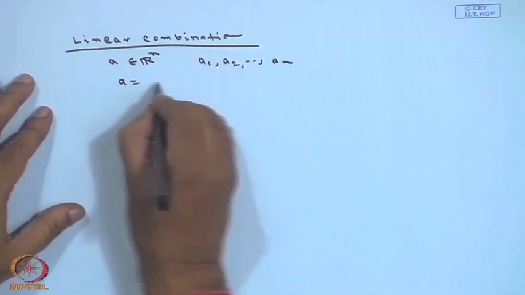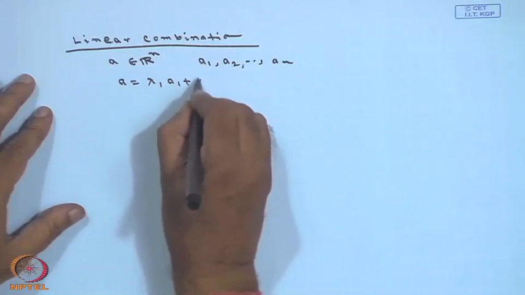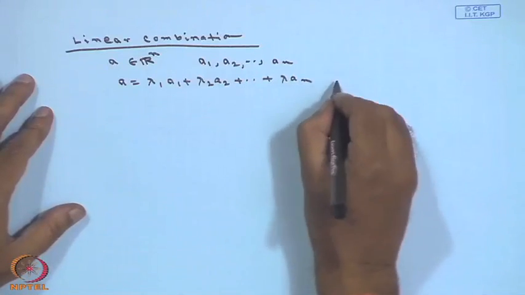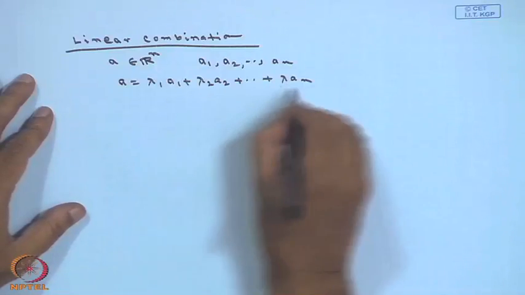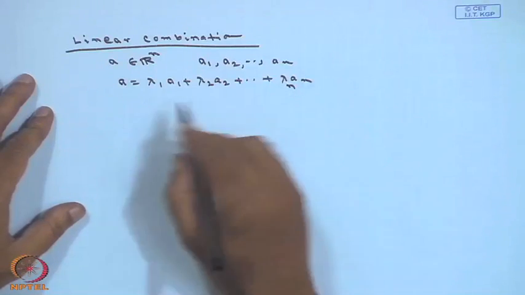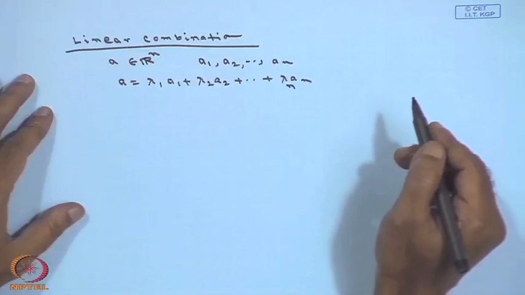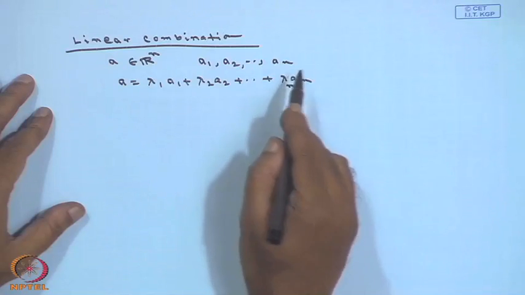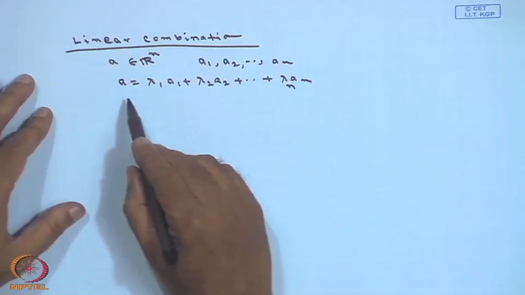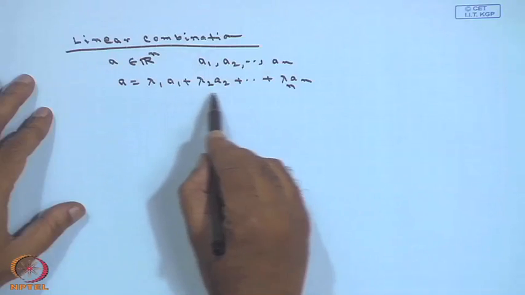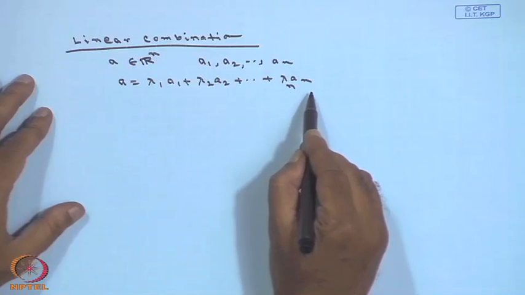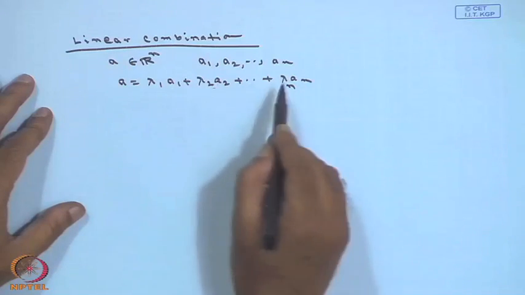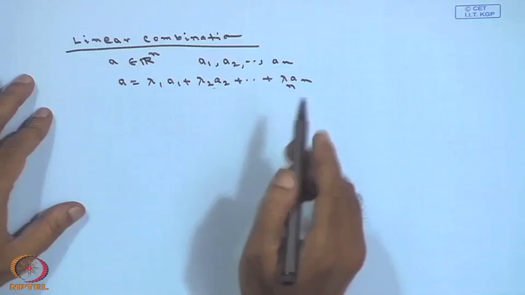If I can write A equals lambda 1 a1 plus lambda 2 a2 plus ... plus lambda n an, for some scalars lambda 1, lambda 2, ..., lambda n, where the lambda i's are scalars, then we say that A is a linear combination of the vectors a1, a2, ..., an.